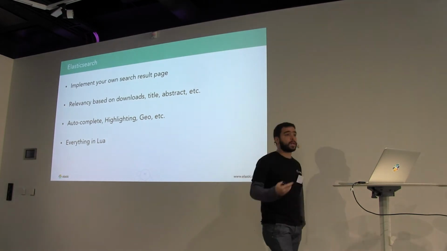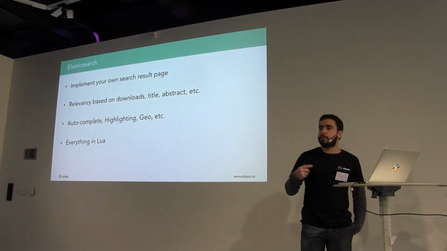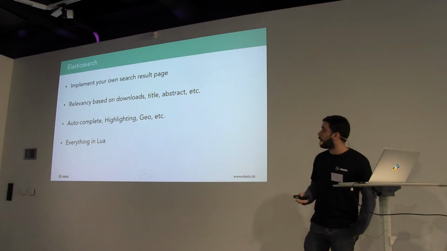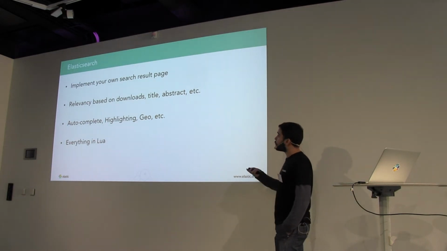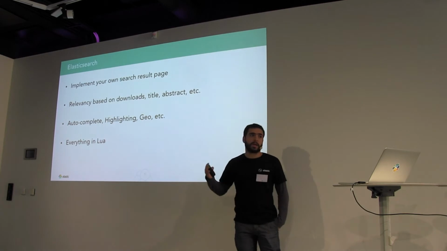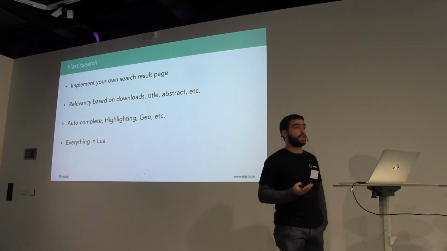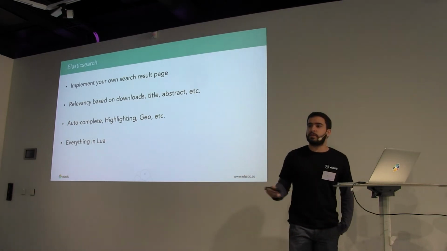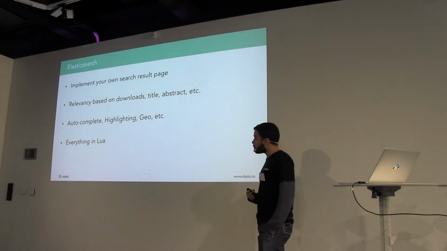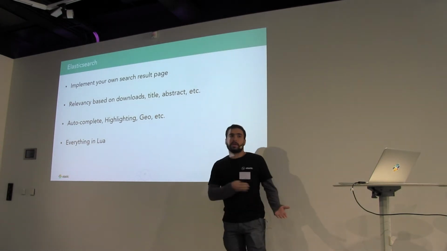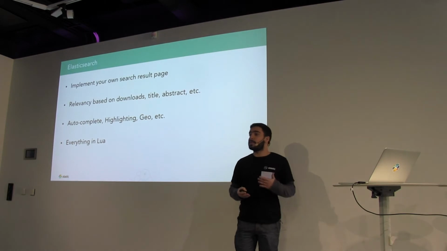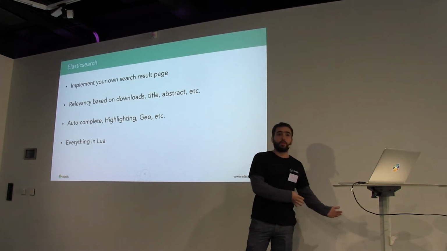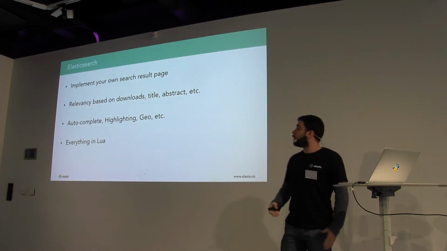After that, you get relevancy based on what you want. You can even use downloads of the PDFs to kind of do relevancy regarding these articles. You can use title, you can use abstract, you can use whatever you want. Even the year, you can say, if it's kind of a close paper, it was published in the last few years, give it more relevancy compared to the old ones from 10 years ago.